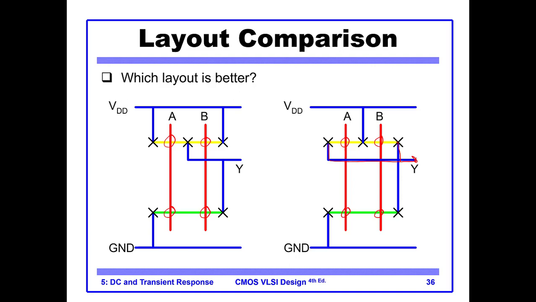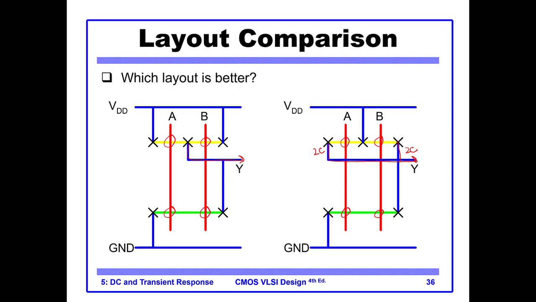Okay, so which one is better? This one on the left or this one on the right? So let's consider the right one. We have a 2C capacitance from here and a 2C capacitance from here. So these are in parallel, so the capacitance will add up.